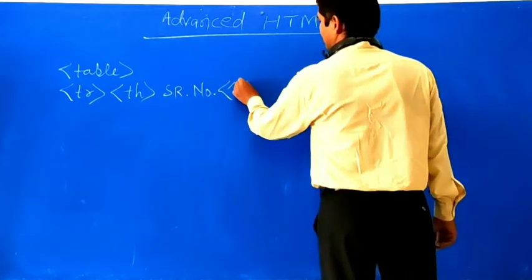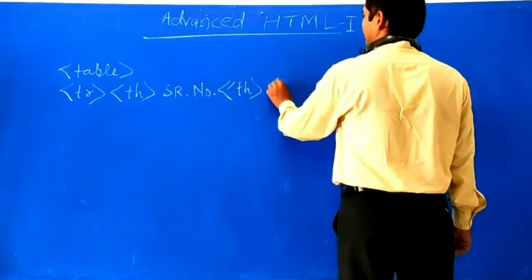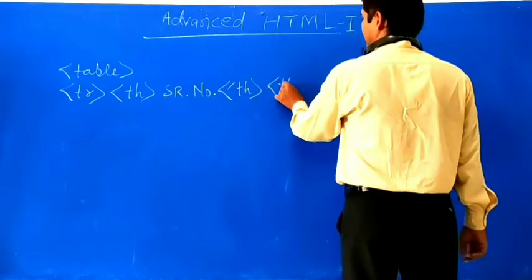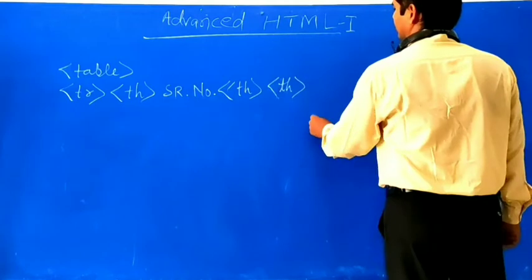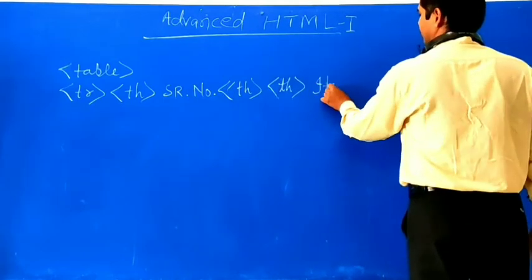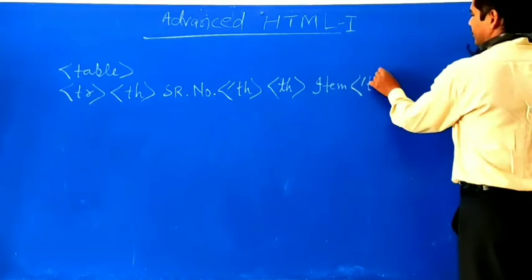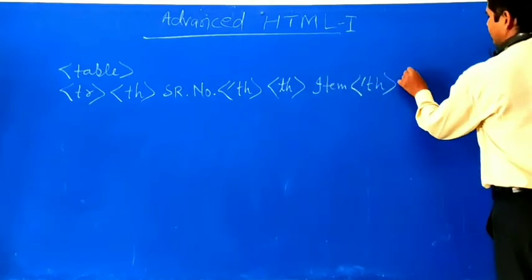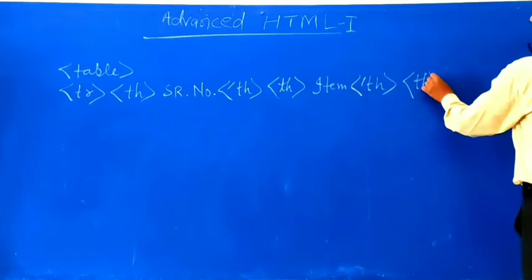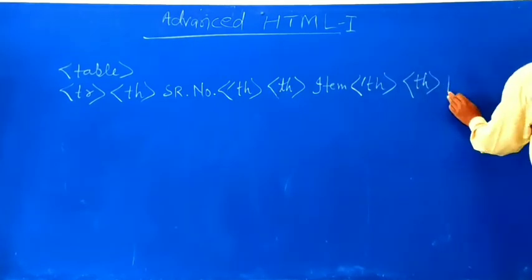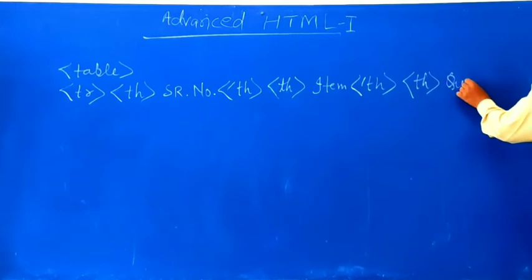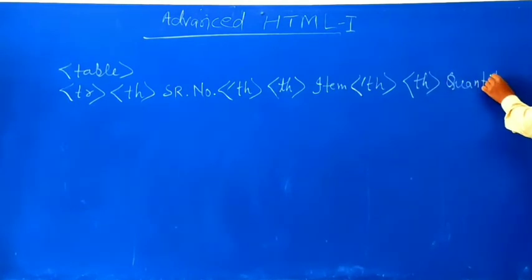You will close TH, again you will open TH, item, TH close, TH open, quantity. Now TH will close and TR will also close.